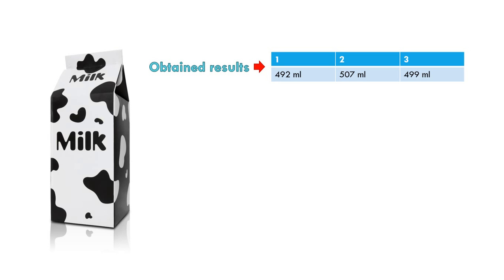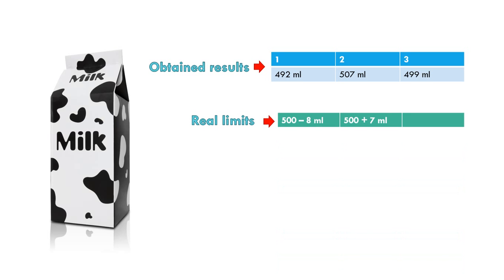In the opposite case, instead of our results obtained before, we obtained 492 milliliters, 507 and 499 milliliters in our measures. So the real limits change, and for this case are 492 milliliters and 507 milliliters.